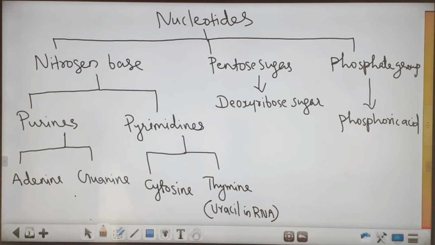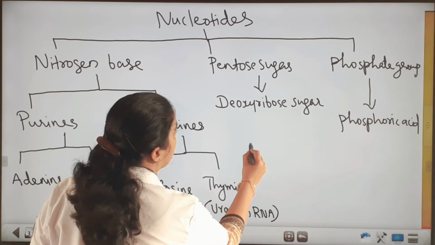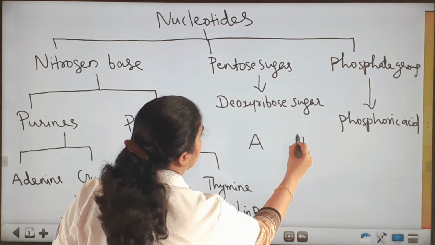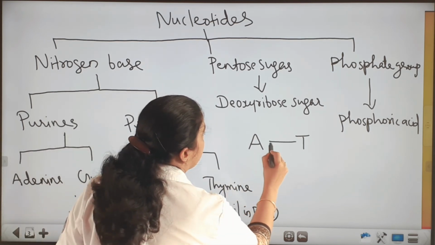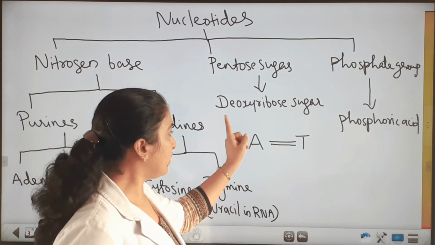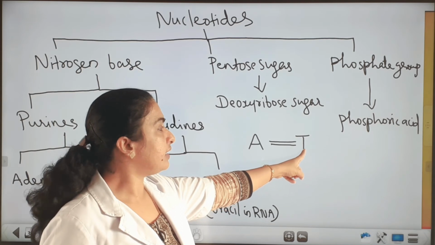Here one more thing I want to tell you. Adenine always base pairs with thymine through 2 hydrogen bonds. So adenine, or this purine, is always base paired with this pyrimidine.